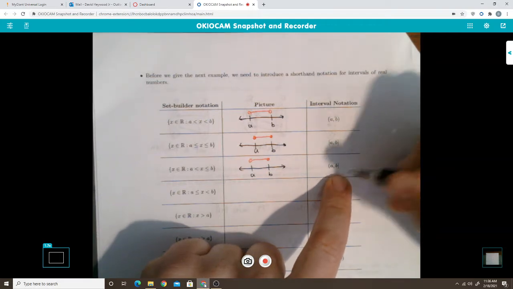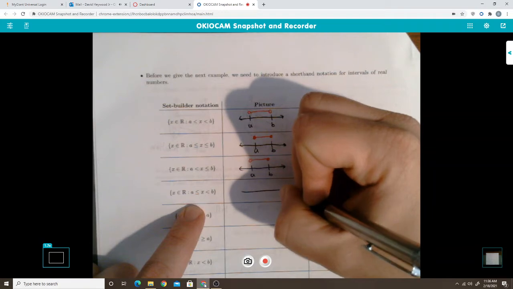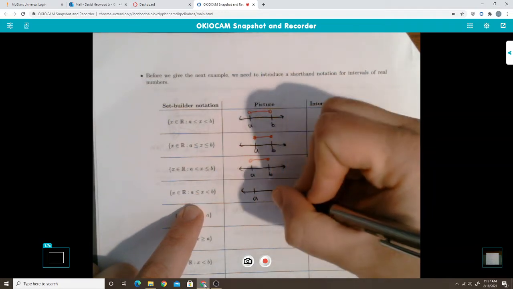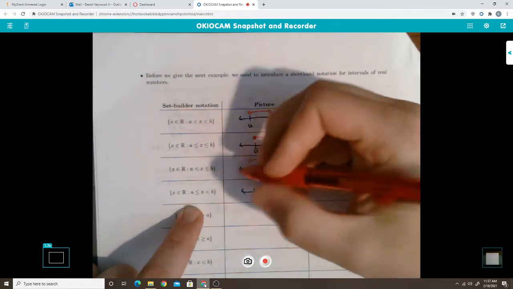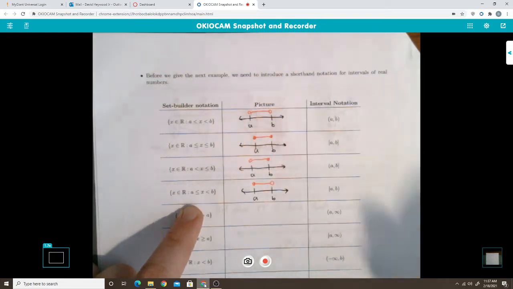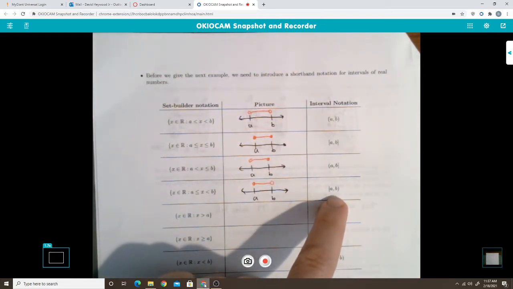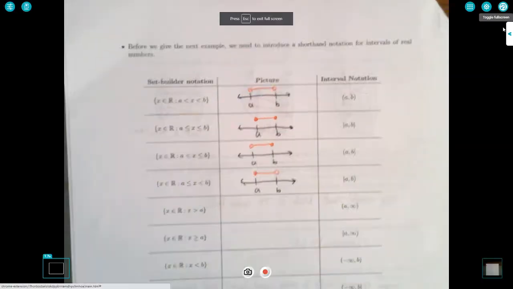B is included, so we use a bracket. You could have it the other way around, where a is included, but b isn't. Right? So a is included this time, but b is not. Okay, and that's what the interval would look like. So hopefully you're kind of catching on to how interval notation works.